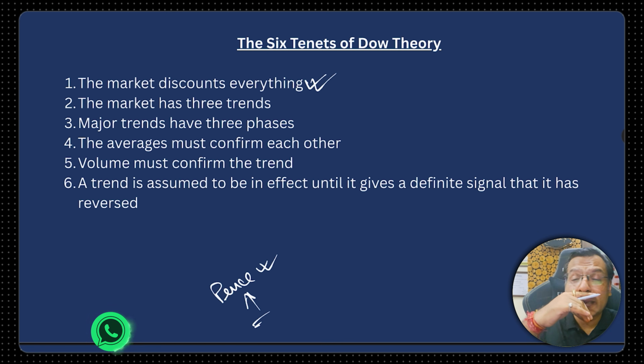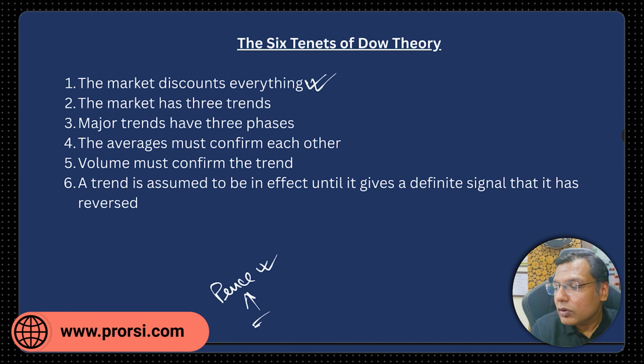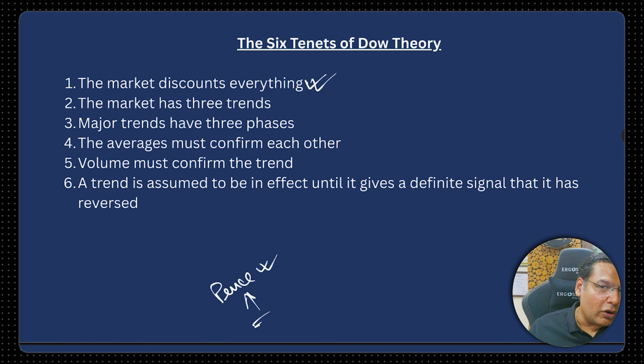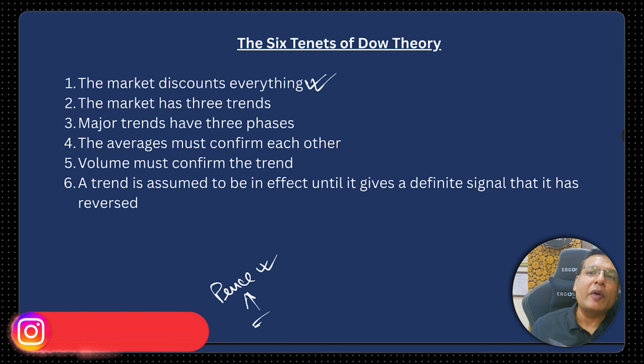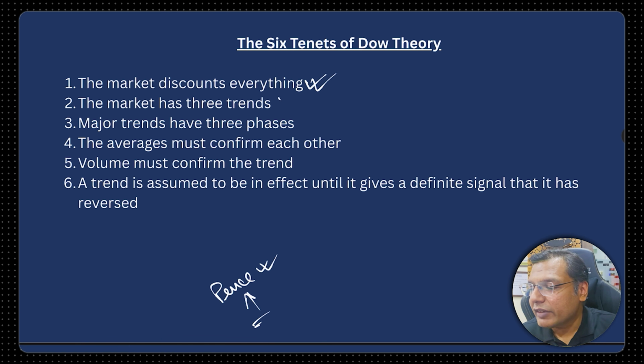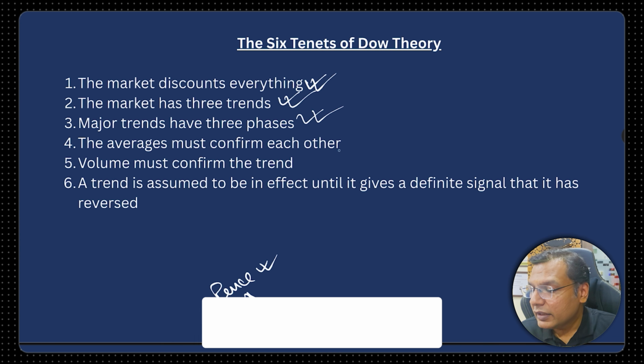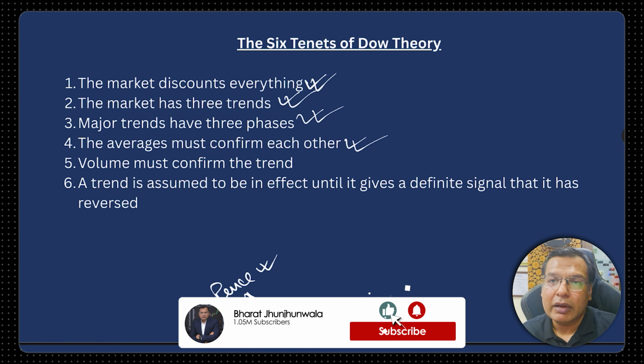Okay. So again, if you understand the beauty of this, what did Dow want to say? Avoid all types of media. Avoid all types of noise in and around you and focus on the charts. Second, the market will have 3 trends and all major trends have 3 phases. We will discuss everything one by one. Third, the averages must confirm each other, market breadth analysis. Volume must confirm the trend.